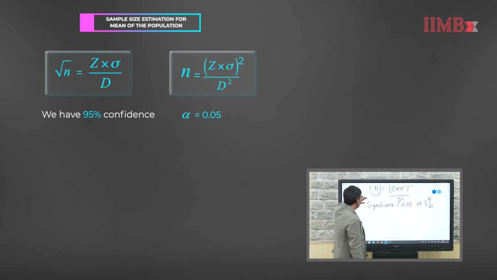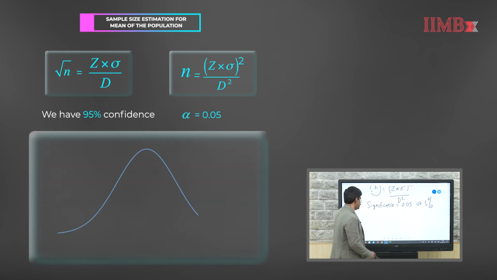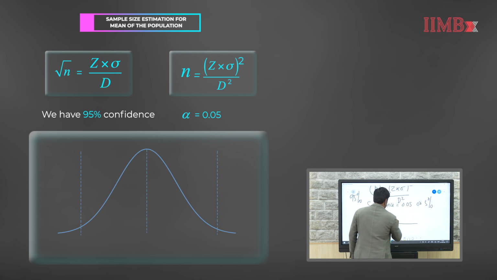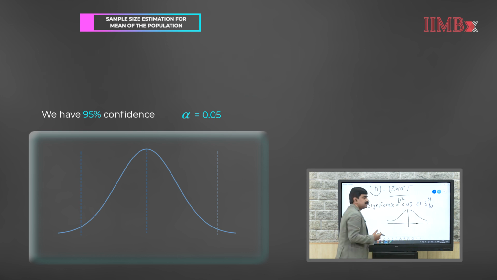Remember, what we are interested in is finding the sample size with some amount of confidence, and I am taking the confidence level as 95%. If you look at the normal distribution, we typically divide the significance that we are taking into two parts.